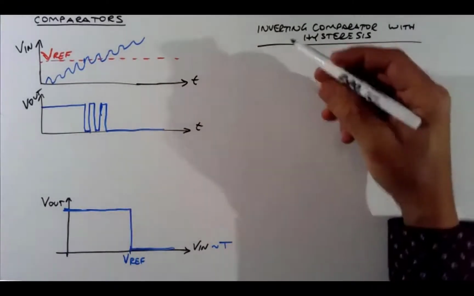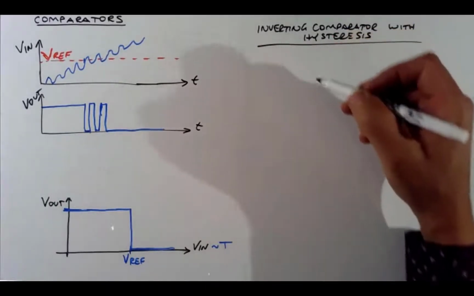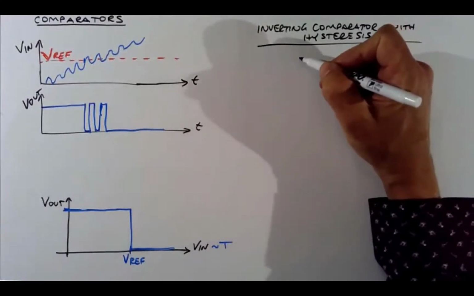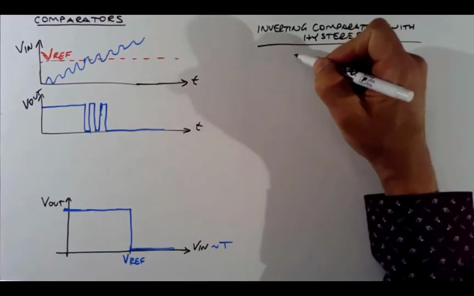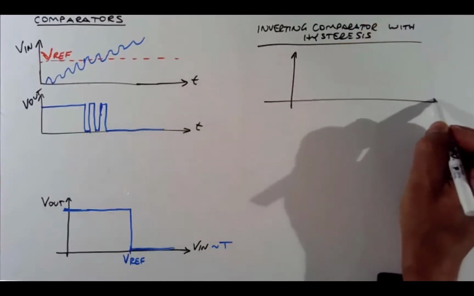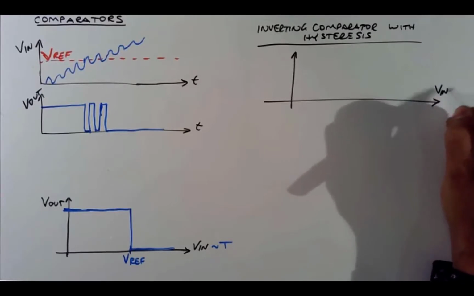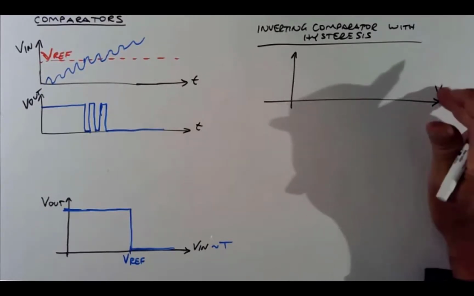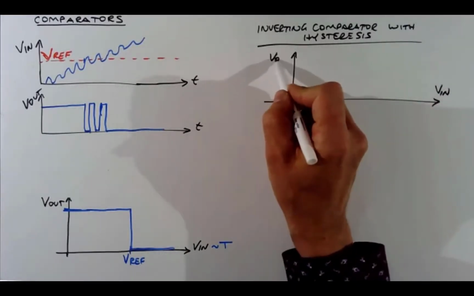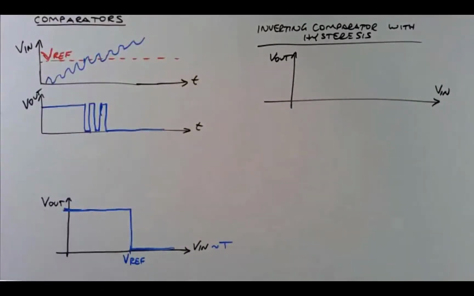So what we would like is a circuit, let's draw the output versus input characteristic. It says Vn. So we might want something like this.